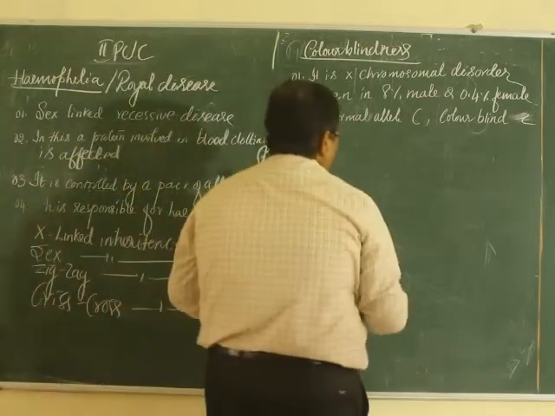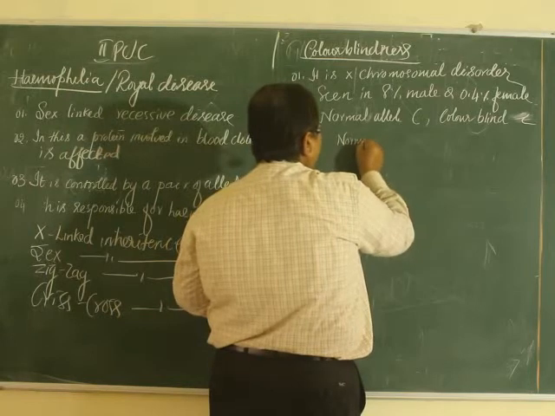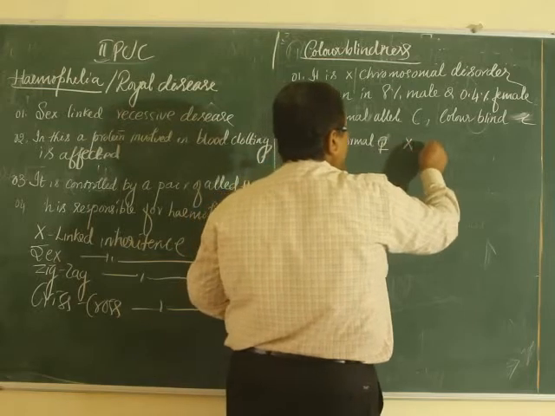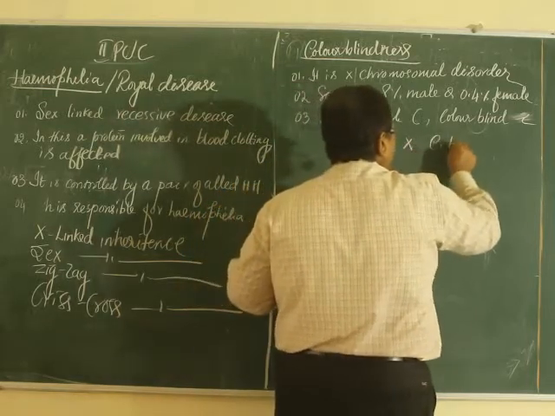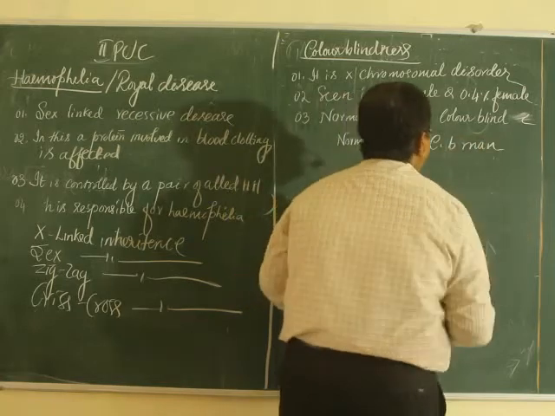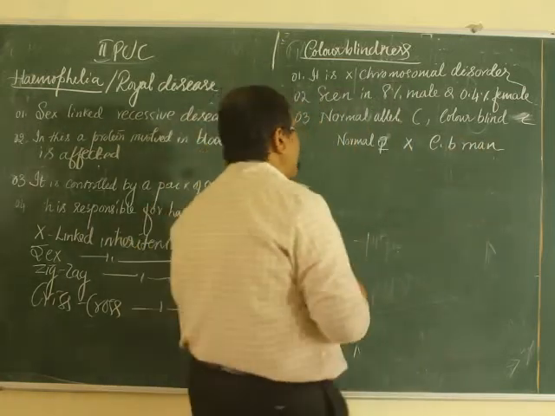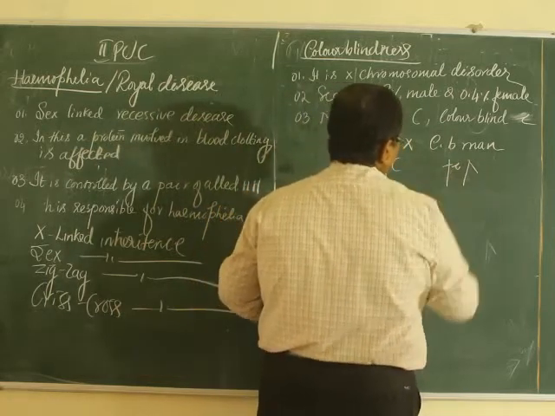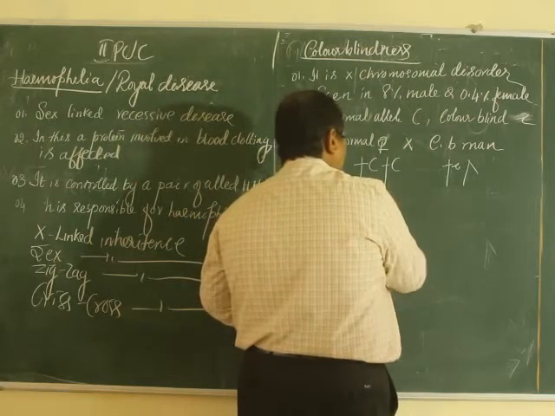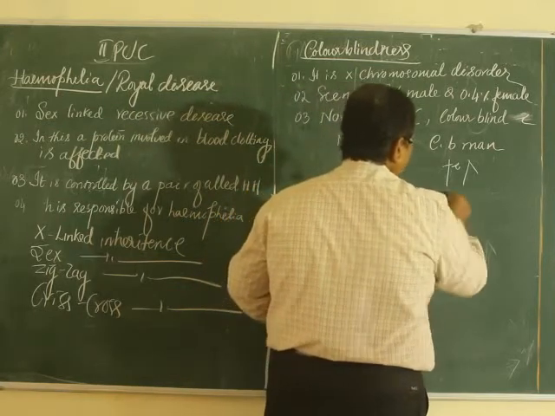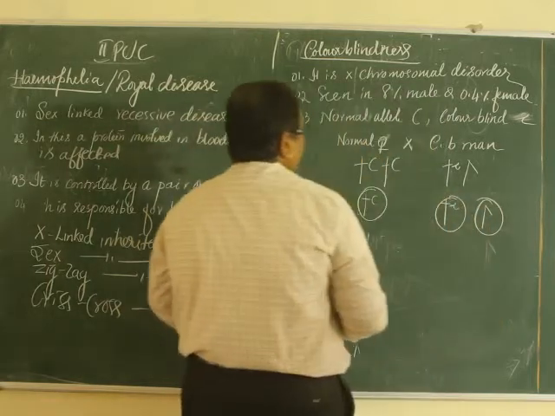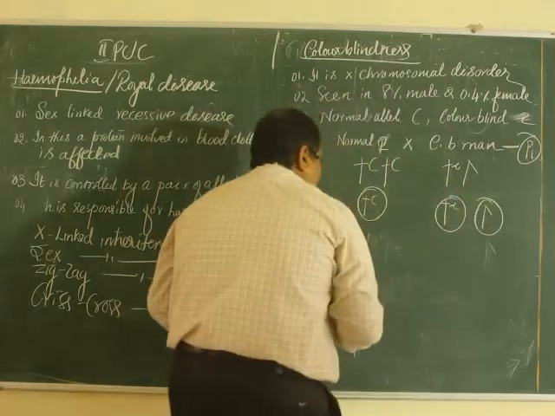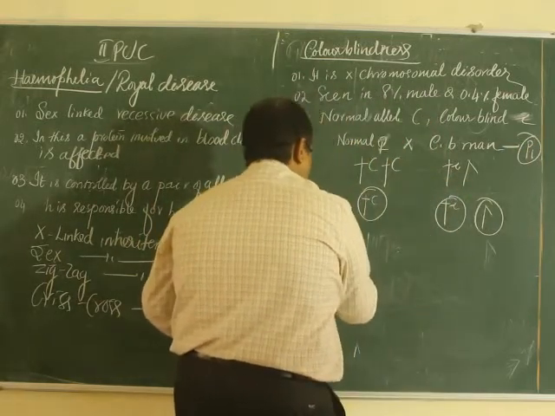When a normal woman marries a colorblind man, capital C capital C with small c, Y, in the female there is only one type of gamete, and in the male two types of gametes are formed. This is the P1 generation, and then the F1 generation.